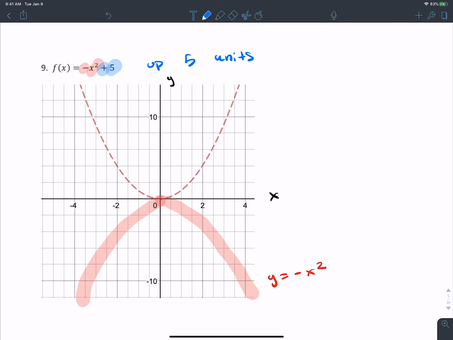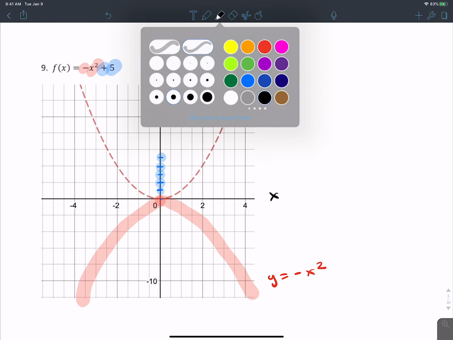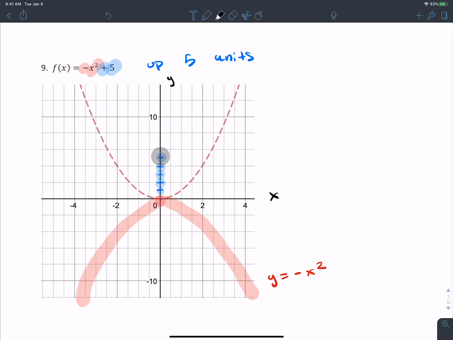So let's try that again. 1, 2, 3, 4, 5. So I go up 1, 2, 3, 4, 5 units. That's my new reference point. That's going to be at 5 now, so I can locate that at 5.